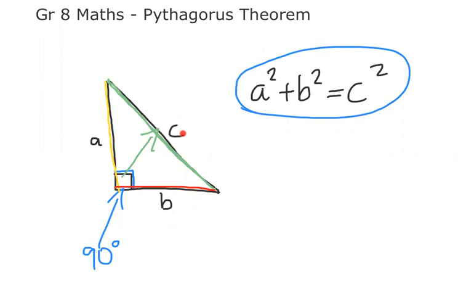What is important is that the hypotenuse side, which I've noted as C, must always stand on its own. It doesn't matter what it is. We'll do a couple of examples to make that clear, so just keep this page in mind as we go along.